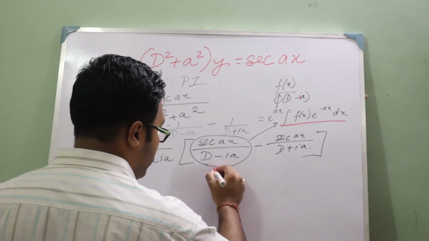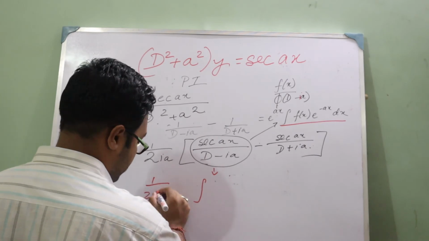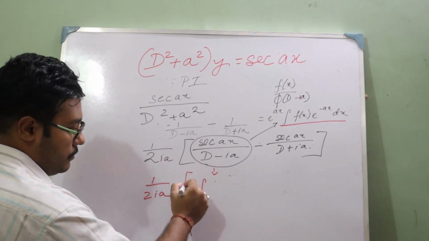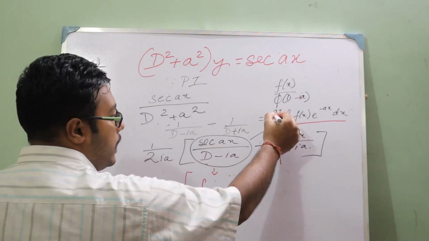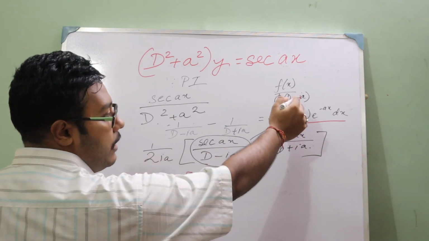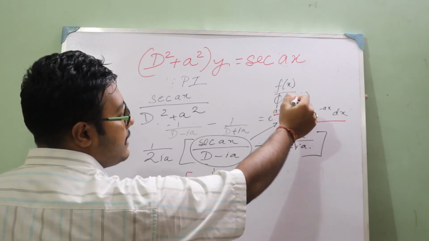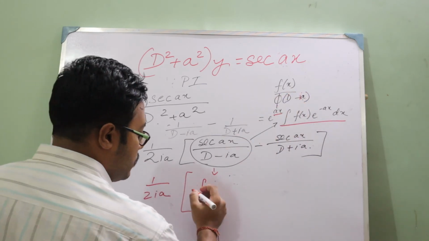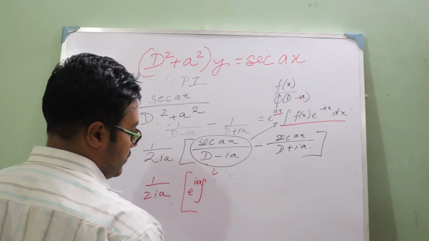Then what we get in this case is e to the power x. What I have told you, that in place of a, put another i before a, that is ia. A will be replaced by ia. So e to the power iax.